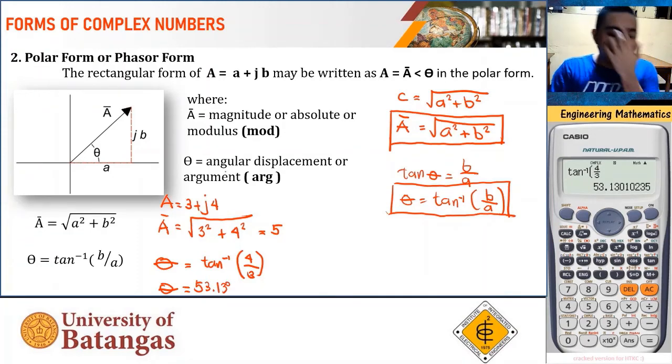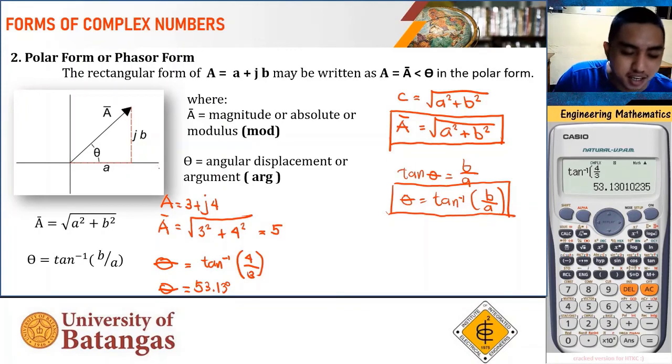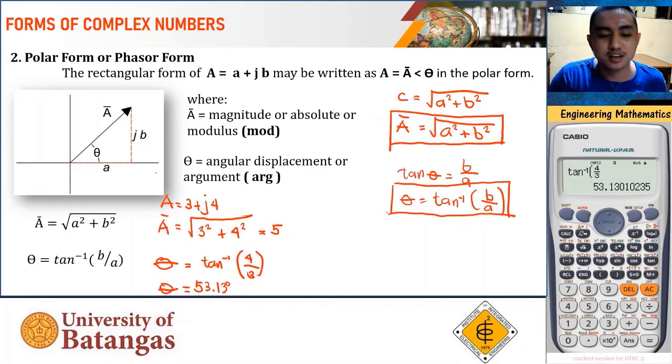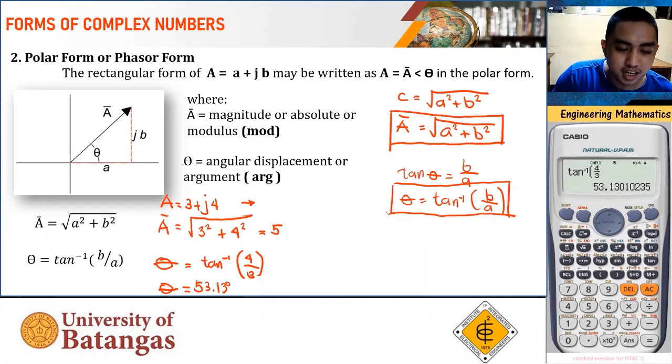Okay, so kung ilalagay natin yung ating rectangular form na 3 plus J4 papuntang polar form or Phasor form, ang mangyayari ngayon is dadalhin natin sa form na polar form. So, A bar angle theta.